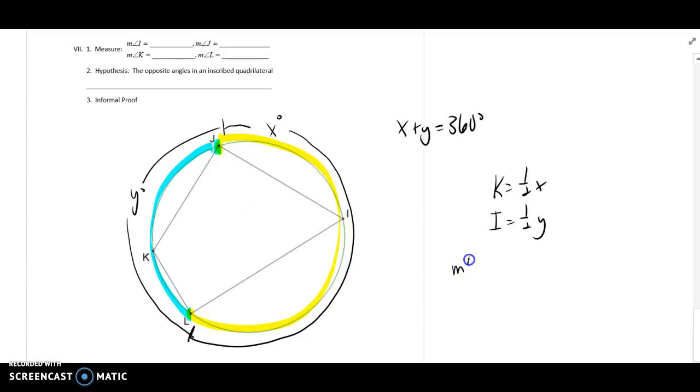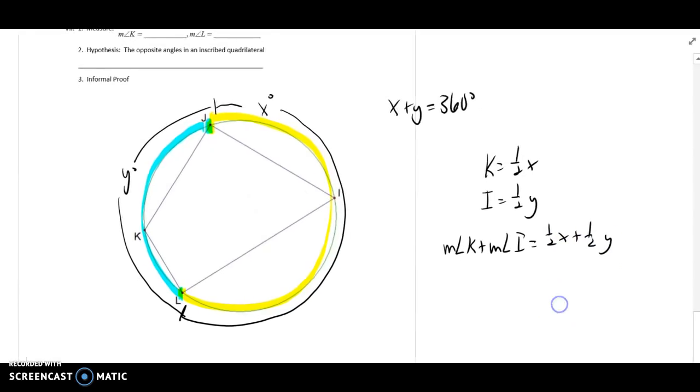We add those together: the measure of angle K plus the measure of angle I equals 1/2 X plus 1/2 Y. If we simplify that a little bit, the left side can stay the same. The right side, we can factor out the 1/2. So K plus I is 1/2 of (X plus Y).